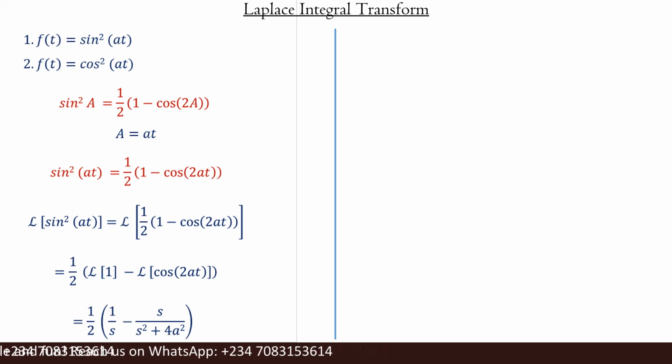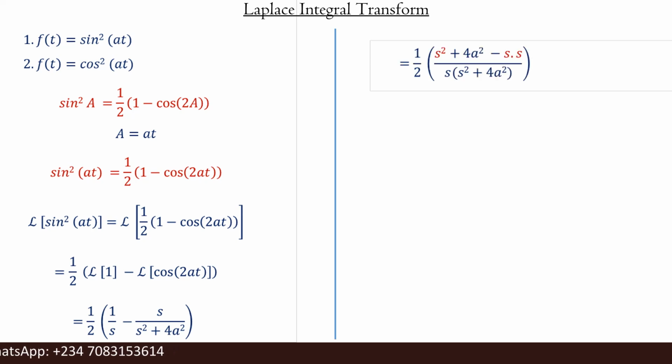Now let's add these two together: 1 all over s minus s all over s squared plus 4a squared. The LCM is going to give us s open bracket s squared plus 4a squared.